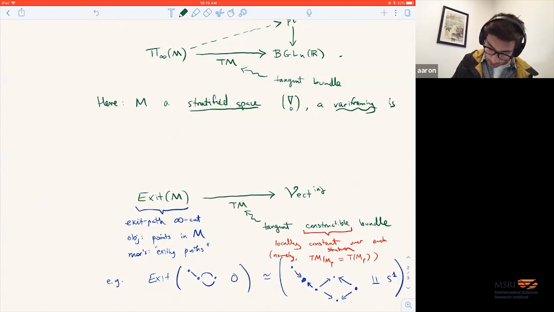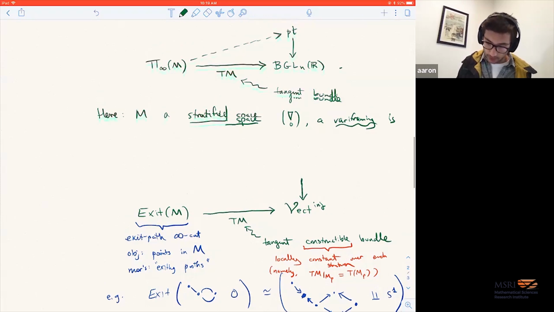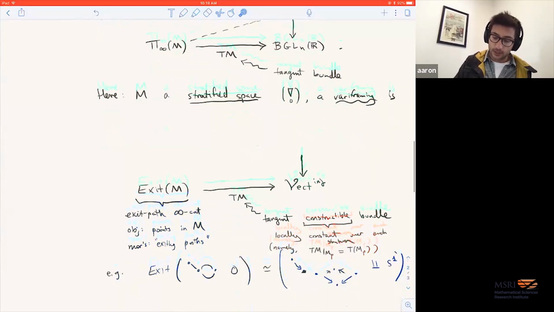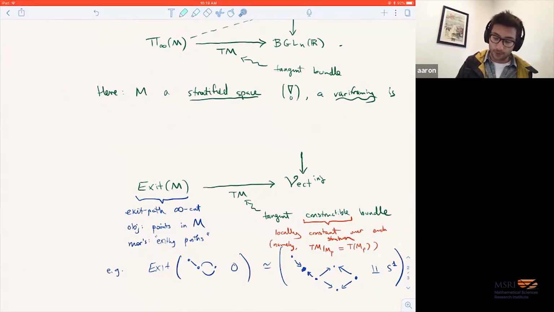So Vect^inj, likewise, if I want to trivialize something, a map to it, well, this point up here is picking out a very standard copy of R^n. And here, I want to pick out standard copies of all of the vector spaces around.